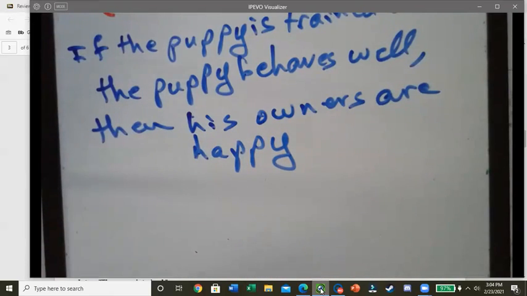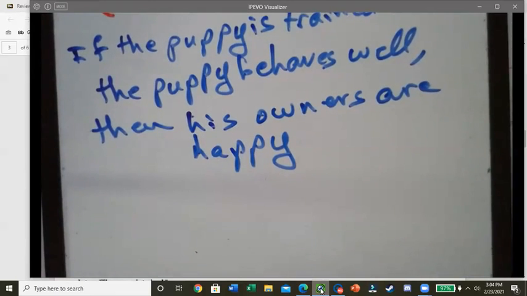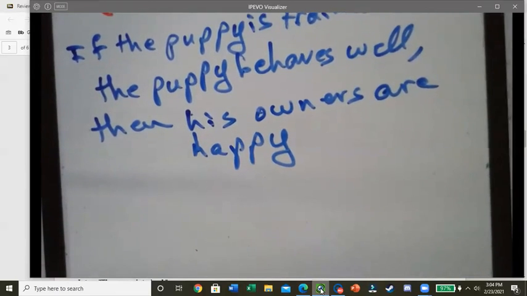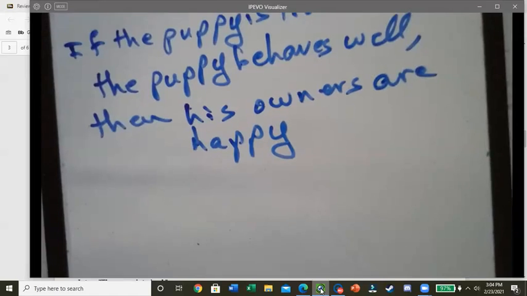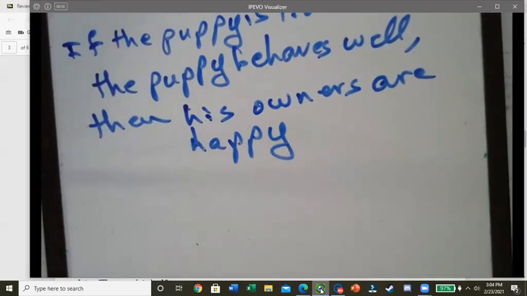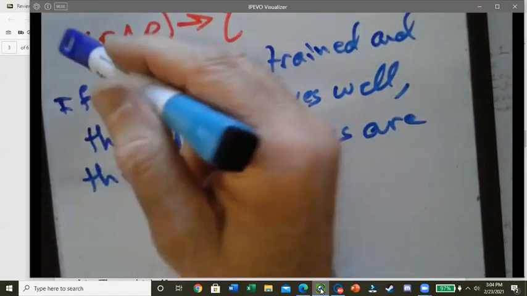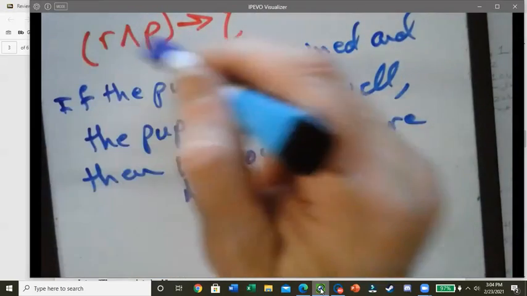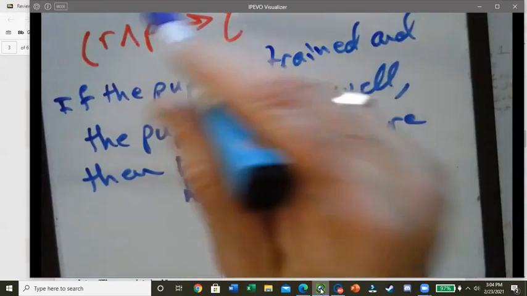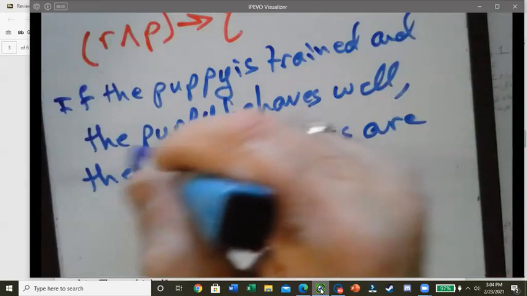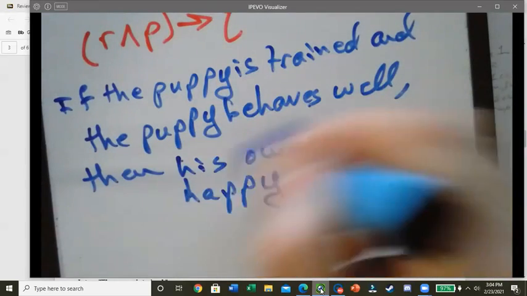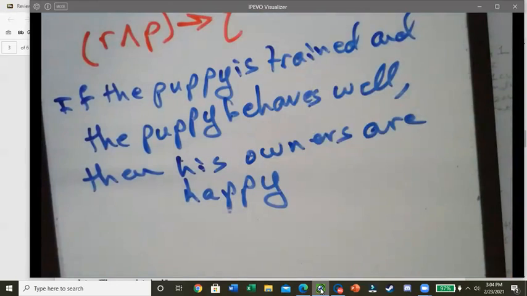Okay, so the parentheses: if the puppy is trained and the puppy behaves well, then his owners are happy.